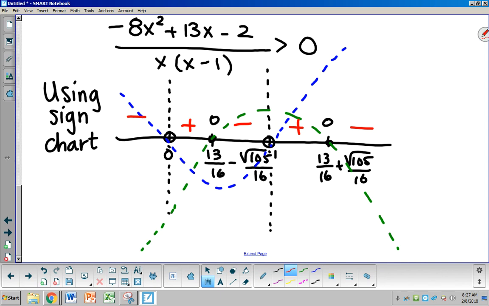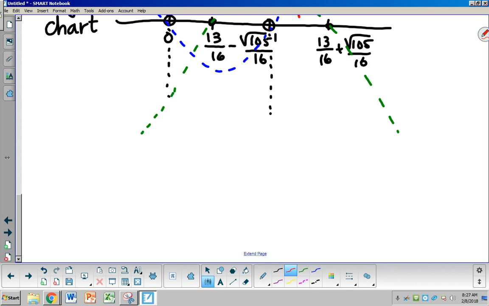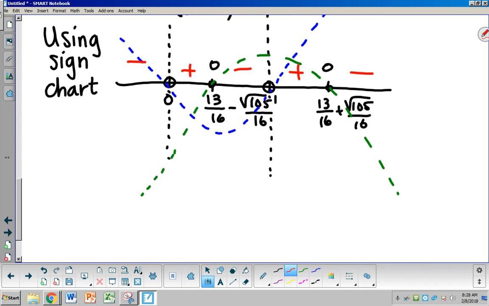Now, my inequality states I want only the values that are bigger than 0. So let's read it off the sign chart here. Let's see. Where are we going to start? Well, I've got negative numbers here, so I'm not going to use those. So it's going to be 0, not inclusive, comma, 13 over 16 minus root 105 over 16.